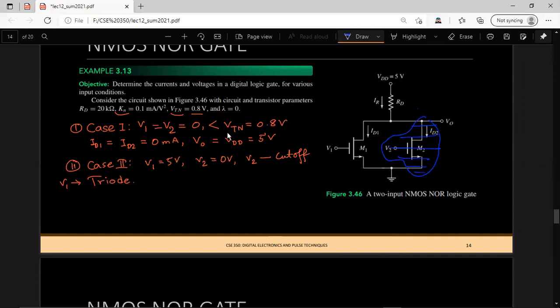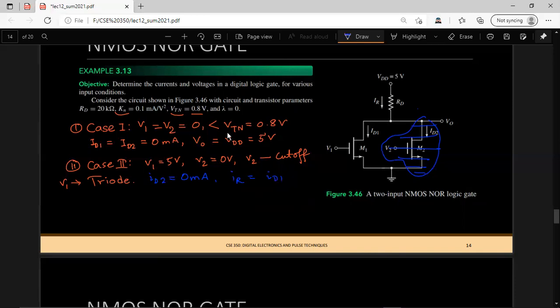Therefore, ID2 is 0 milliampere. Now we have IR equals ID1. This is just like a typical inverter circuit, because the right side is now inactive for this input condition.